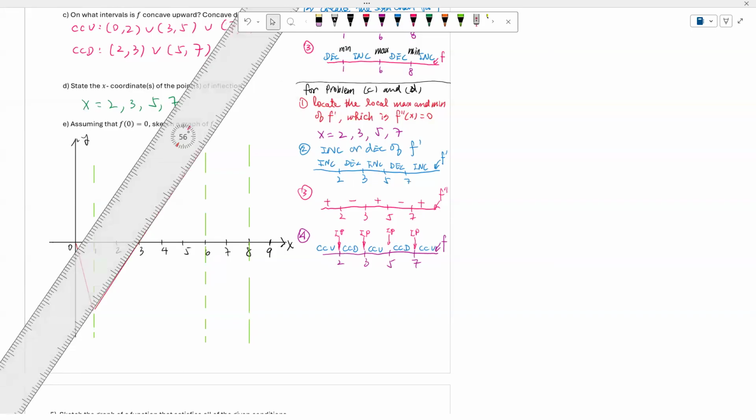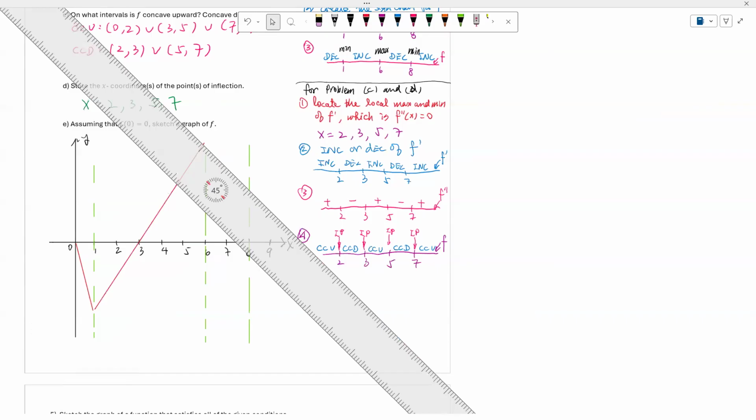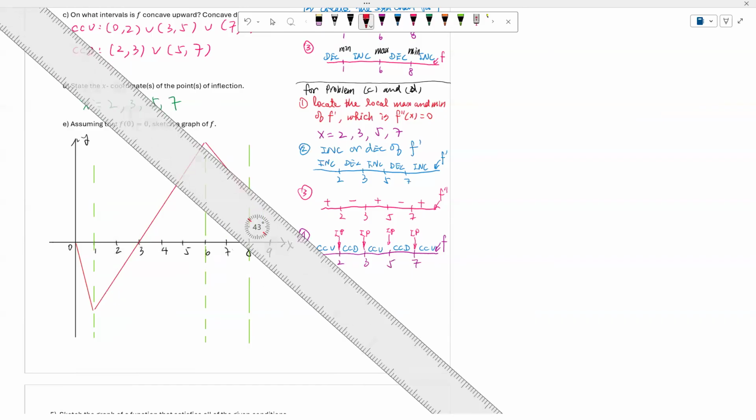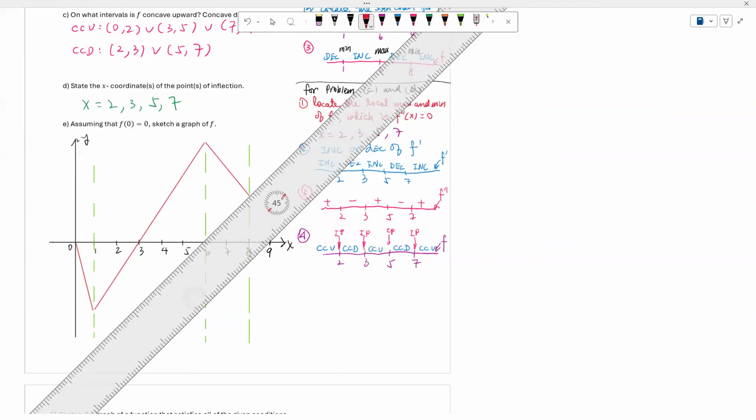Okay. And then decreasing again from 6 to 8. Just use a straight line, okay? And then from 8 to 9 is increasing, okay?